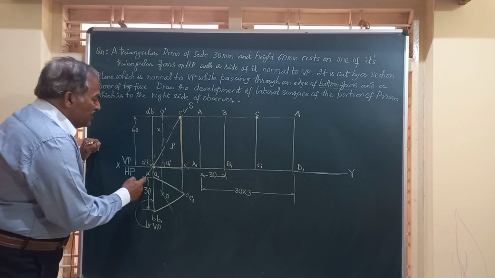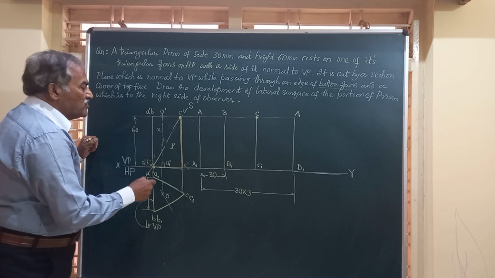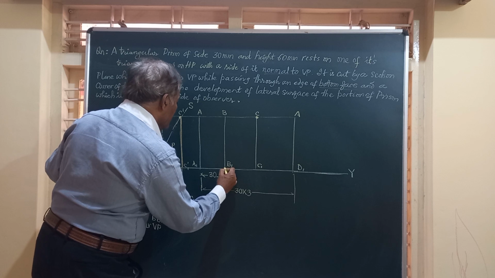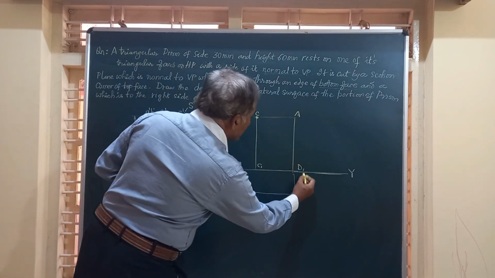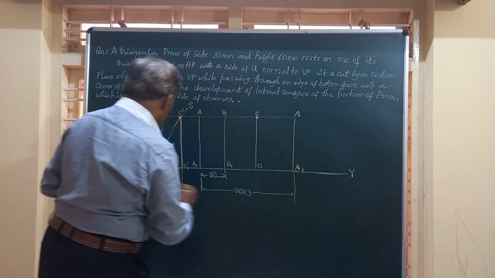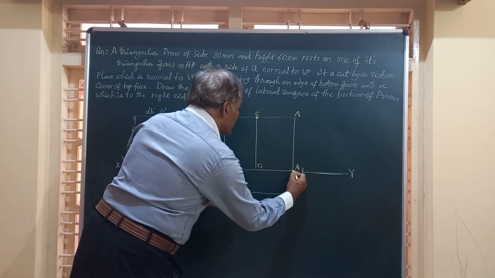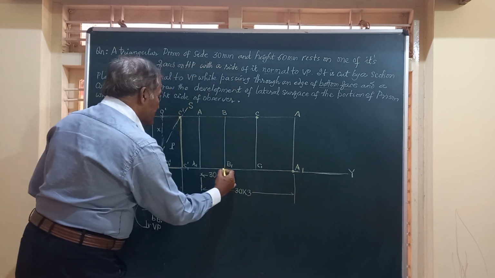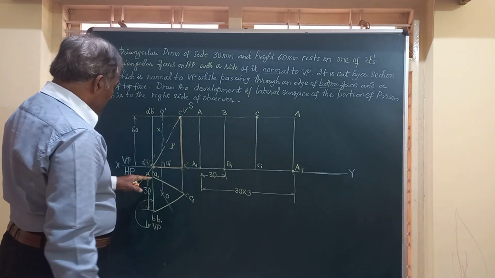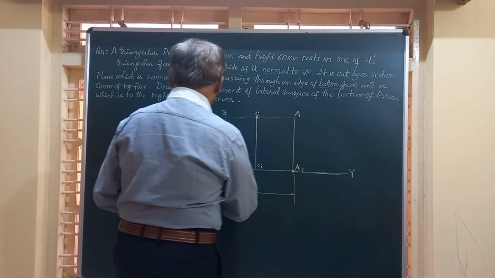And here, it is passing through A and also through B. A1 is here, it's not B, it is A1. So it is passing through A1 and B1, so this A1 here and also B1. So it's passing through A, passing through B, we have marked.